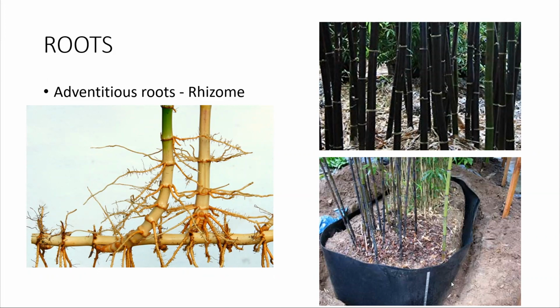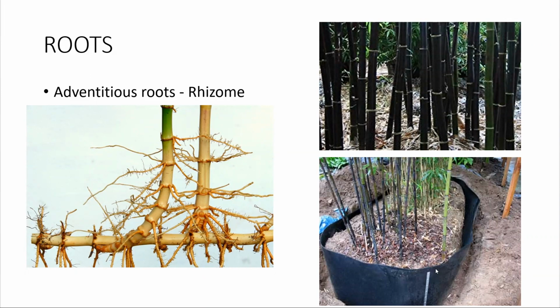So you notice that the trench here really only drops down 18, 24 inches. Okay. Now, do bamboo roots go deeper than that 18 to 24 inches? Well, remember, bamboo is a monocot. It's got a fibrous root structure, and so it's typically shallow root structure, but bamboo is a little bit different.